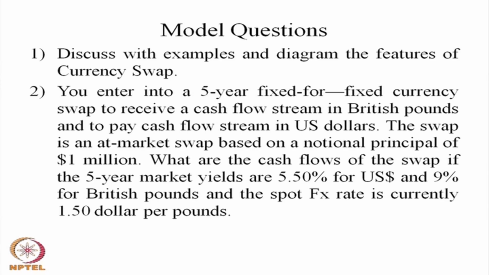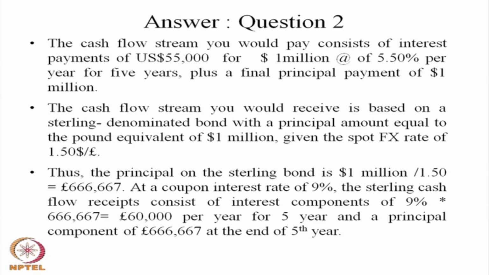What is the process involved? The cash flow stream you would pay consists of interest payments. So, 1 million at 5.5% is $55,000 per year for 5 years, plus the principal amount of 1 million.